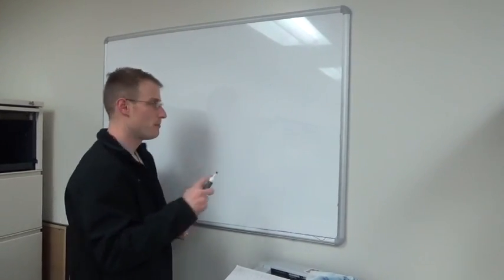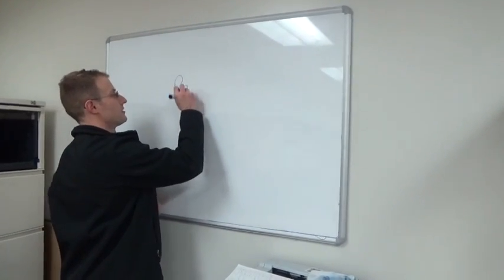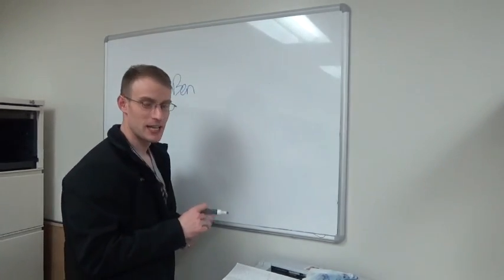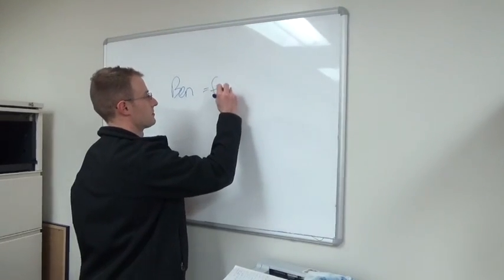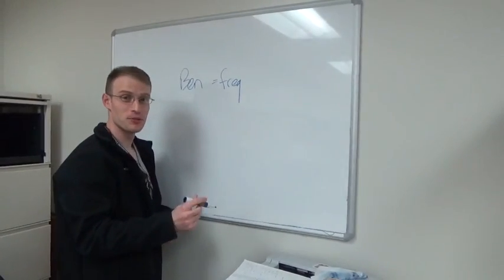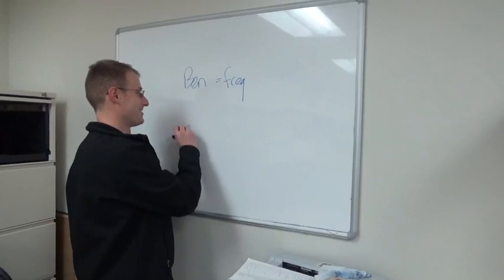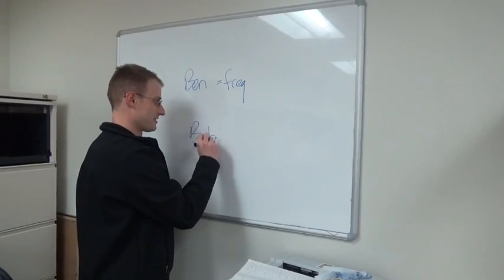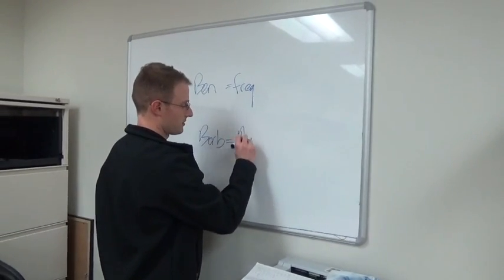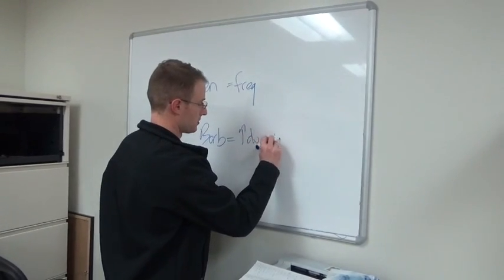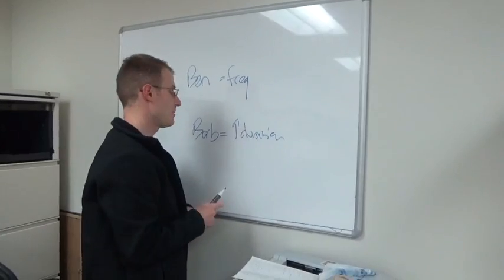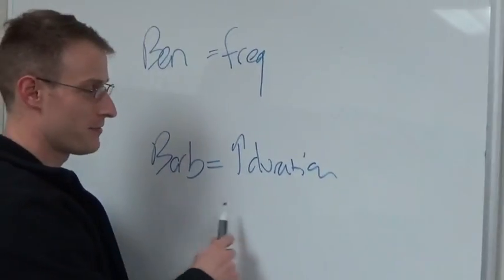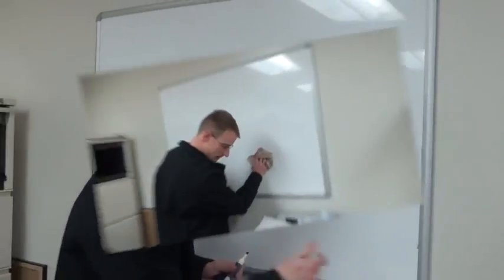However, Ben likes it more frequently, whereas Barb likes it to last longer. So benzodiazepines have to do with the frequency of GABA, and barbiturates have to do with the duration.